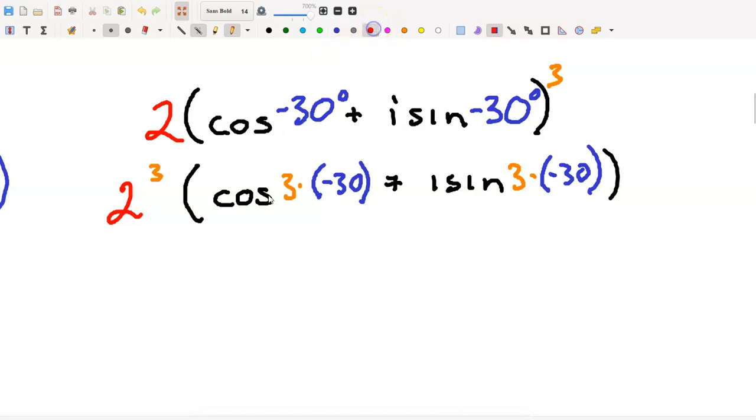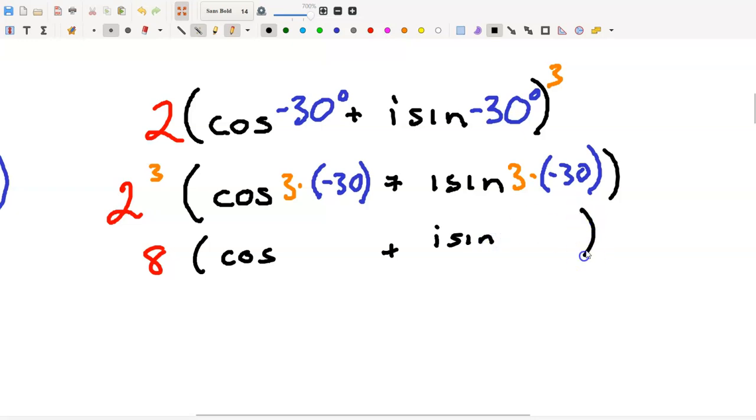Right. So we got 8 cosine of, I'll put all this stuff in first. It's like negative 90. And then keep going all the way to standard. And cosine of negative 90, 0.